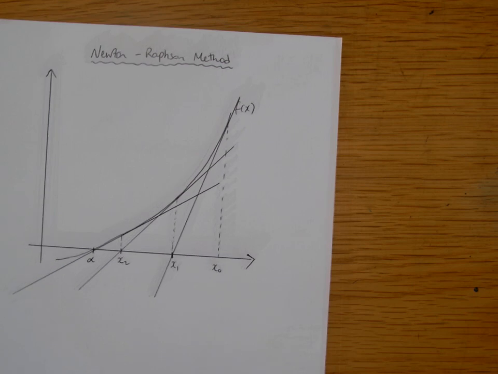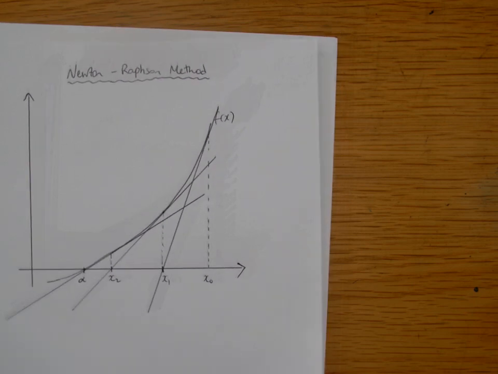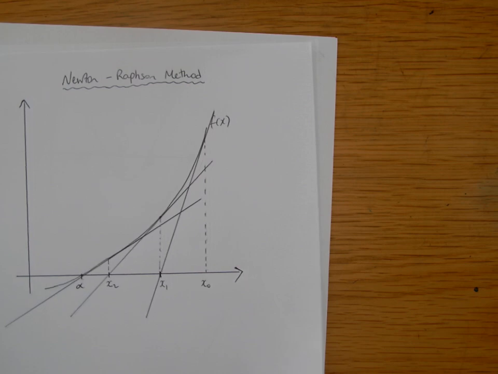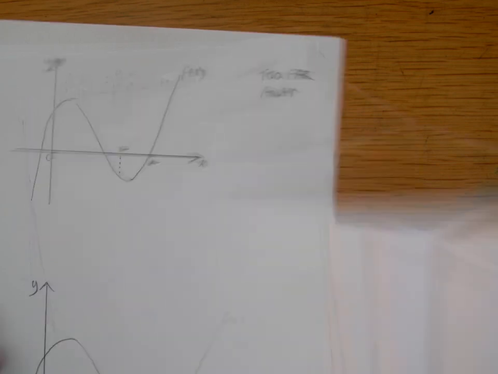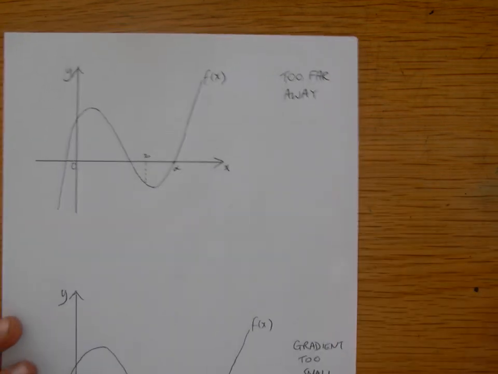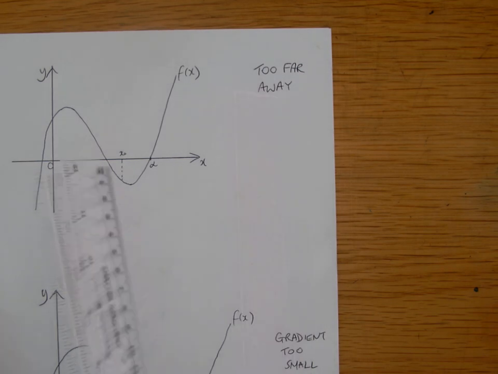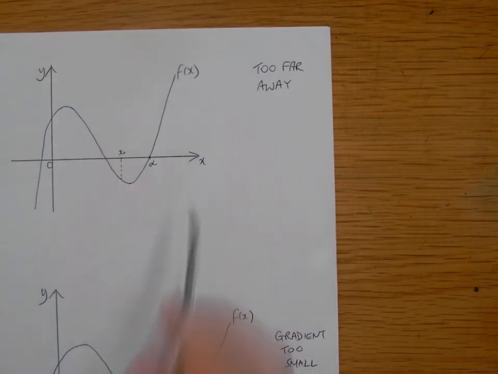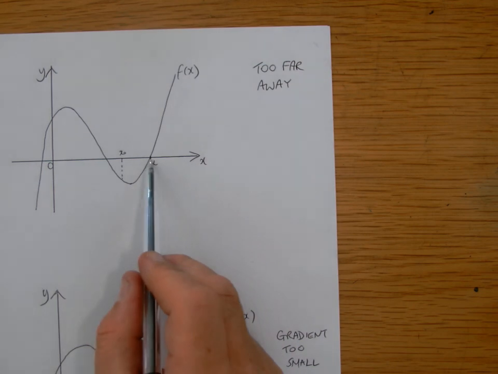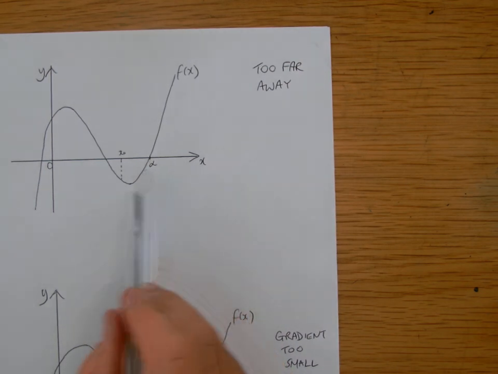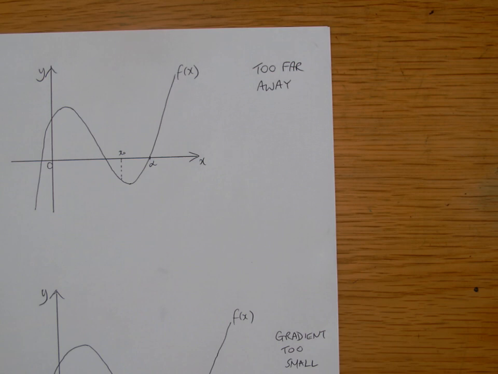Now, there are certain situations where Newton-Raphson will fail. It won't work. So I'm going to have a look at a couple of examples now. For instance here, if we are too far away from the root alpha, so suppose the root alpha I'm interested in is there, and my x0 is way over here.